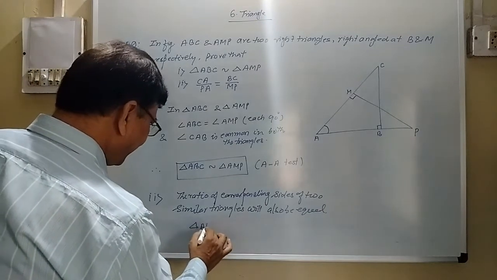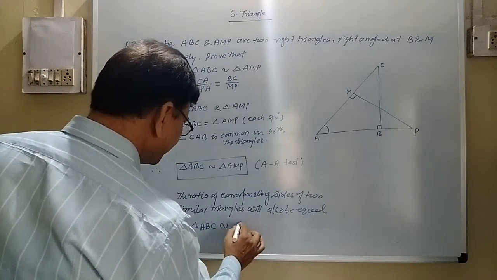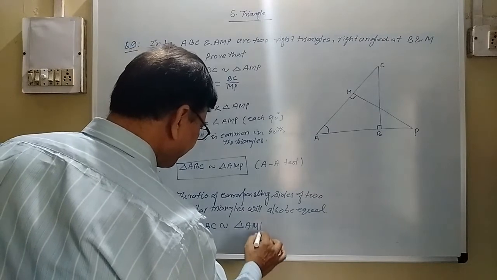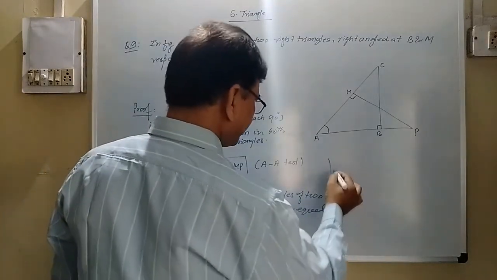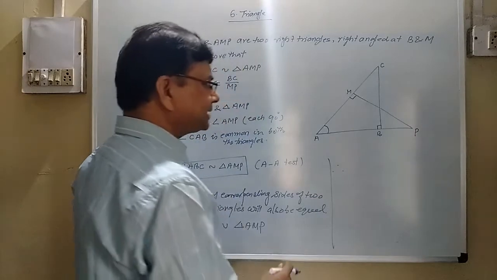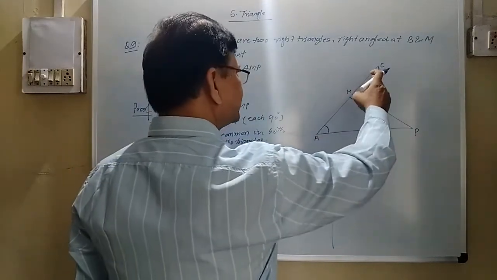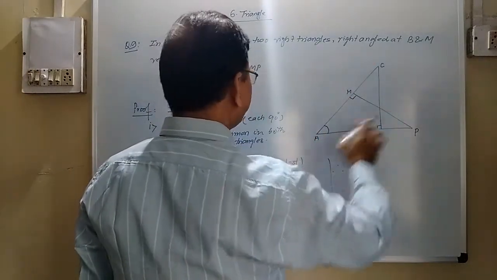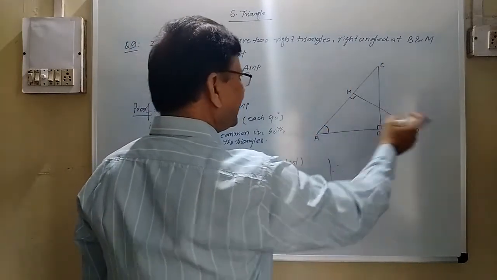Triangle ABC is similar to triangle AMP. Therefore, corresponding sides, as I said, here it is AC and AP, or CA and PA.